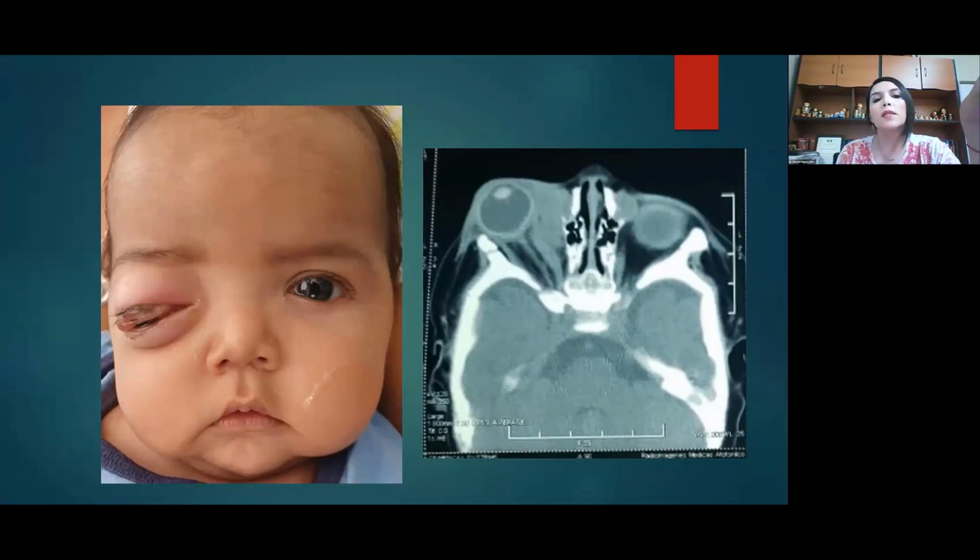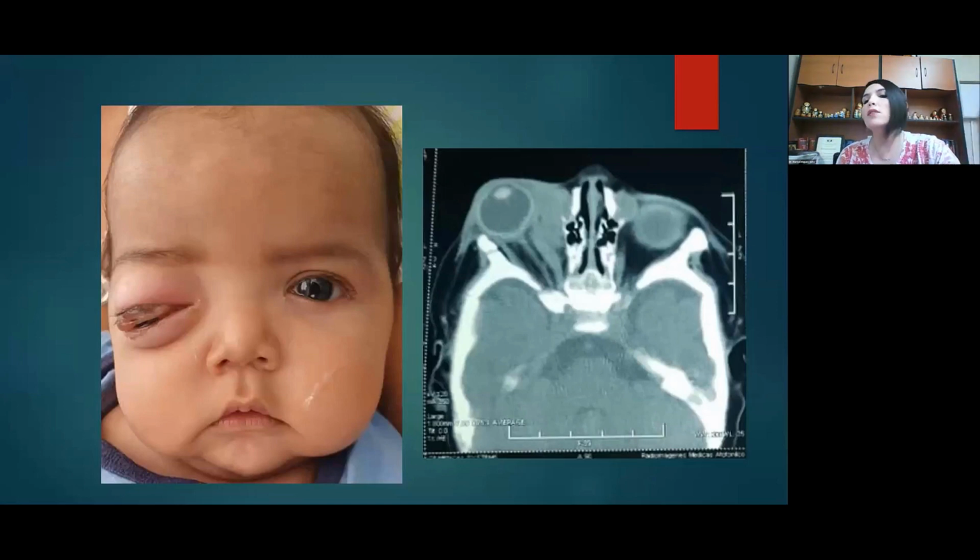He arrives with this cellulitis problem, proptosis, ptosis, chemosis, limitation of the movement of the right eye. And in the tomography, we can see a mass that is occupying the orbital wall, in the medial wall of the right orbit, is pushing the eyeball, is touching the medial rectus.